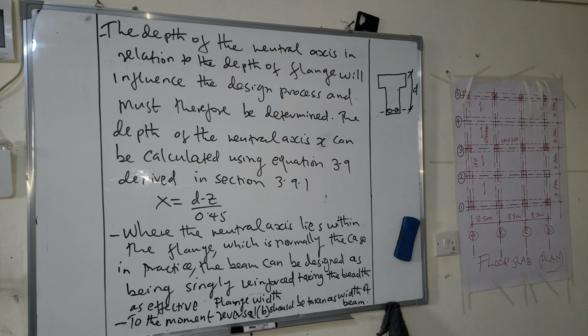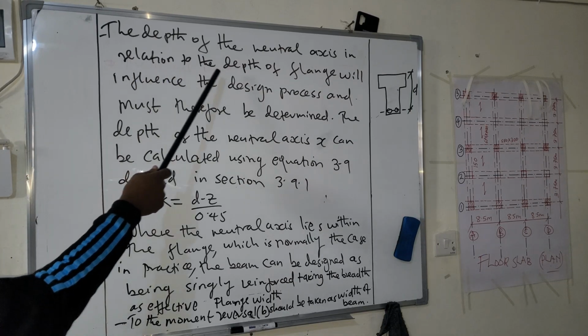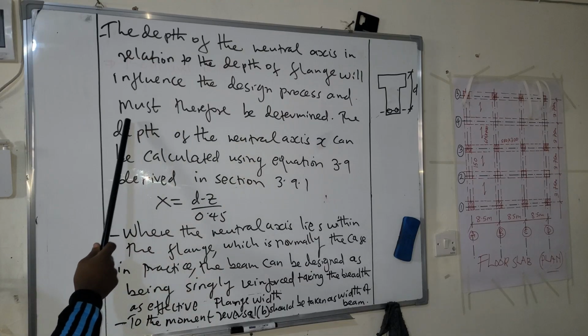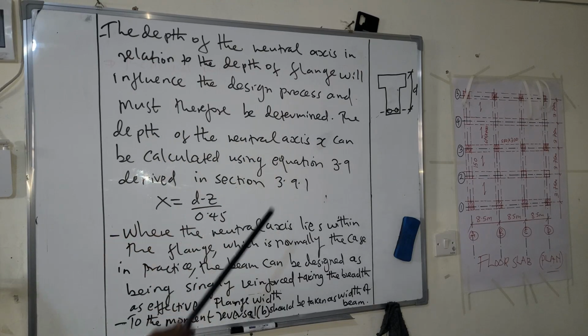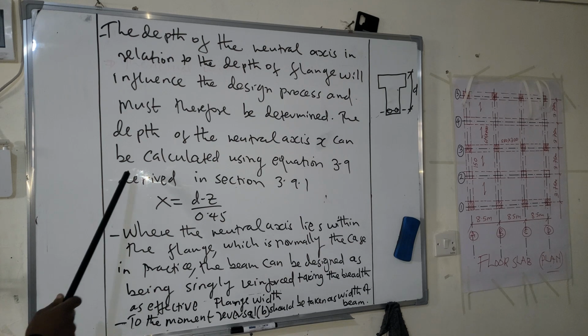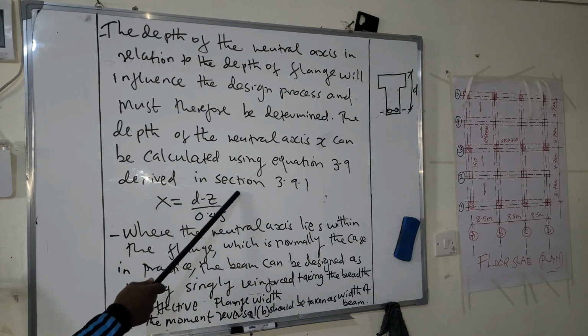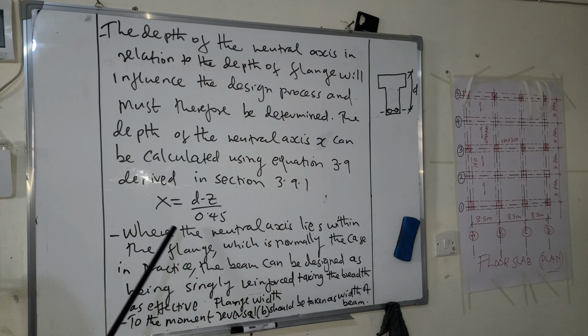The depth of the neutral axis in relation to the depth of the flange will influence the design process and must therefore be determined. The depth of the neutral axis x can be calculated using equation 3.9 derived in section 3.4.4.1, and this is the formula: x is equal to (d minus z) over 0.45, where the neutral axis lies within the flange, which is normally the case.